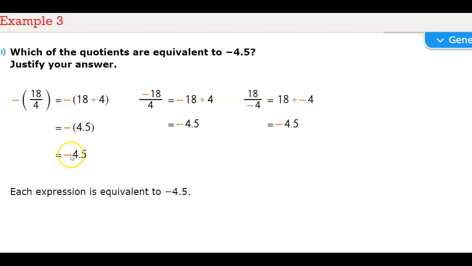So our quotient is negative. So that's why this one was equivalent. Negative 18 as the numerator and positive 4 on the bottom. Divide. My quotient is still negative 4 5/10. Negative 18 divided by negative 4. 18 divided by negative 4 still gives me negative 4 5/10 because one of my numbers is negative. So each one of these is equivalent to negative 4 5/10.